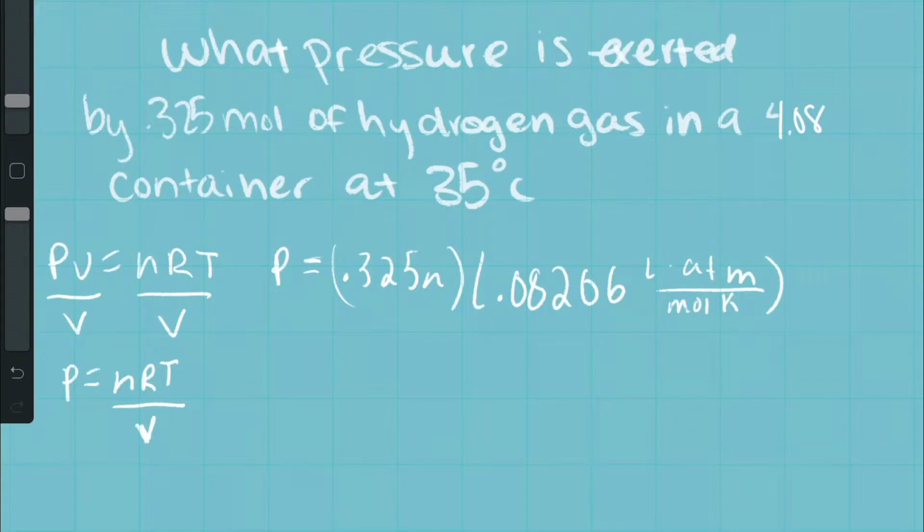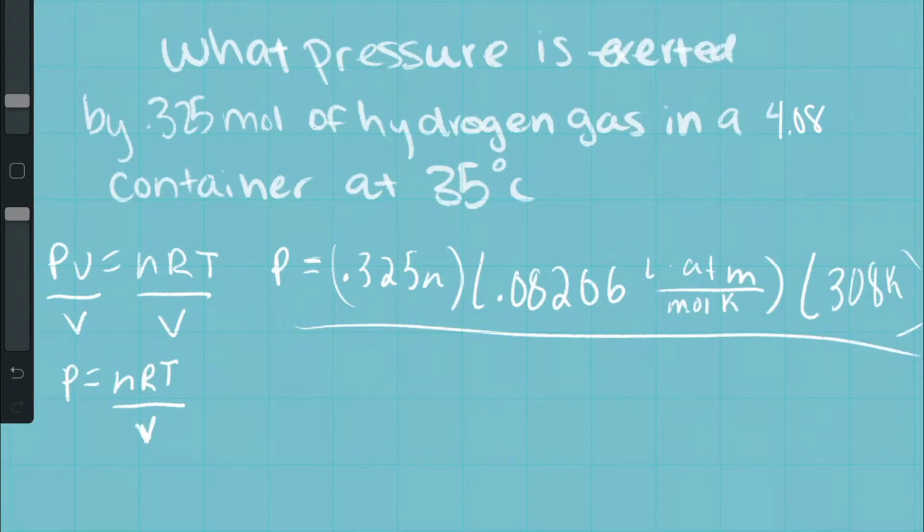So we add 273 to 35 degrees Celsius, which gives us 308 Kelvin, divided all by 4.08 liters, which if you put this in your calculator, you get pressure equals 2.01 atm.